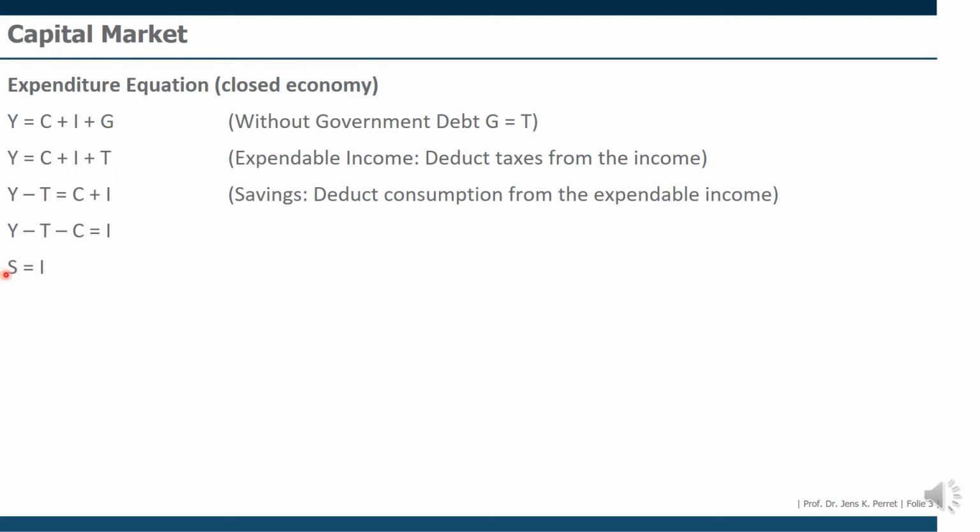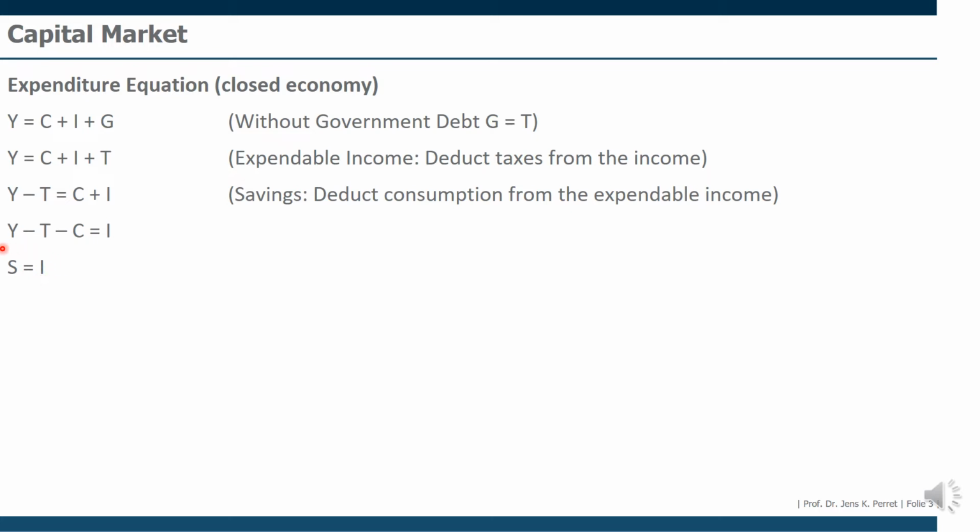So we can write this as S being equal to I, or in other words, the money that the households save, bring into the financial market, is then given in the form of credits to companies which use the money for investment purposes.